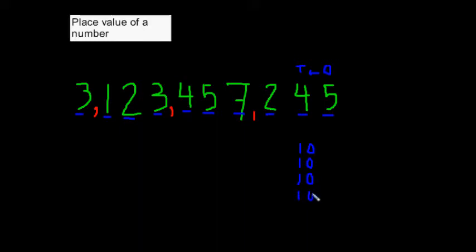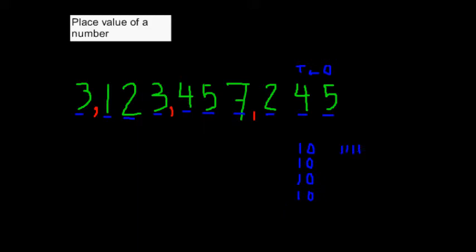The difference between tens and ones is that ones are 1, 2 ones, 3 ones, 4 ones, 5 ones. 4 tens is made of 10 units each, while here 5 ones is just 5 units.